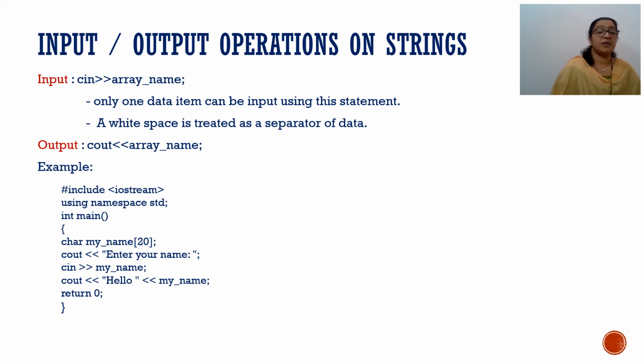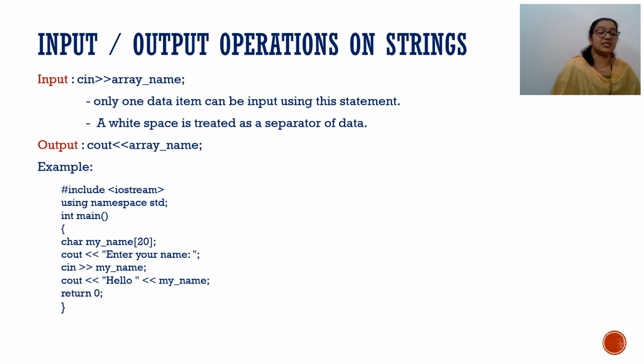Okay, but one problem is there. Only one data item can be input using this statement. One data item means only one word can be accessed by the cin statement, so white space is treated as a separator of data. When we enter a name with a space, that space is treated as a separator and only one word is assigned to that array.